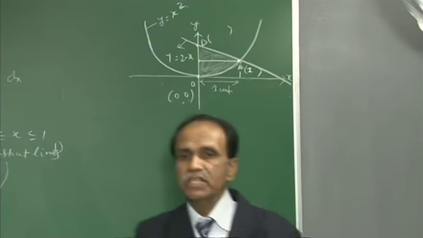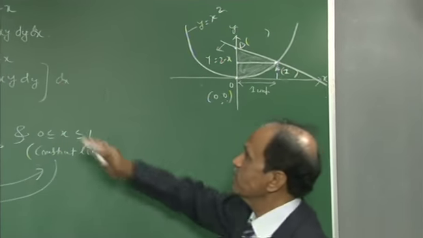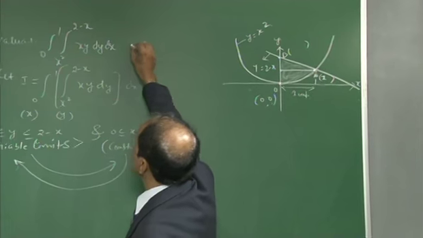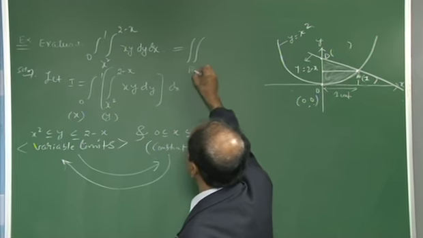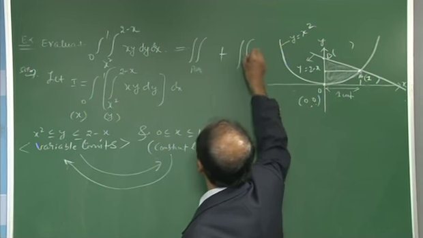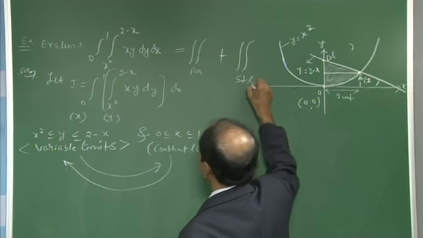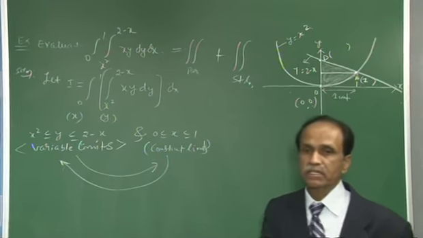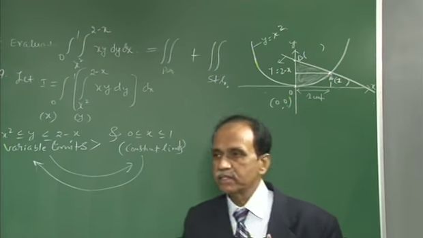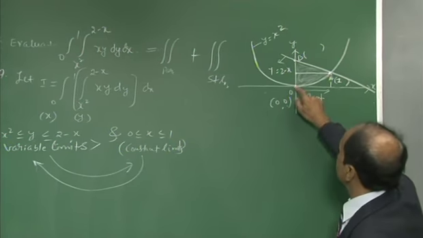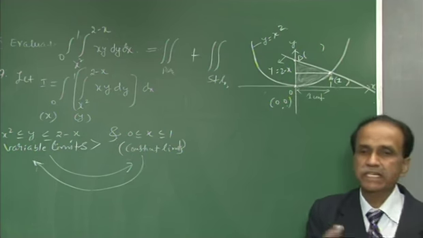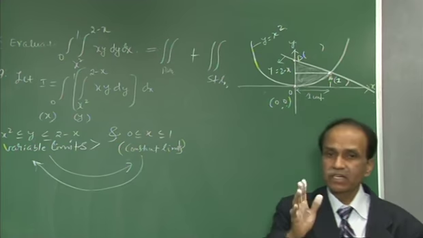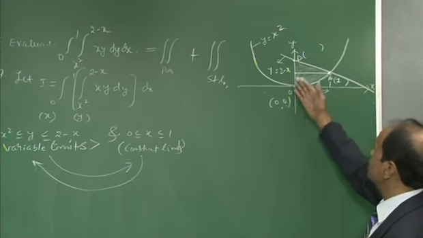Therefore, easily you can say this double integral is equal to the double integral with respect to the parabola plus the double integral with respect to the straight line. Like this, when your area from the first point to the last point and coming back to the original point is not connected with respect to a single curve, then you have to go for division.